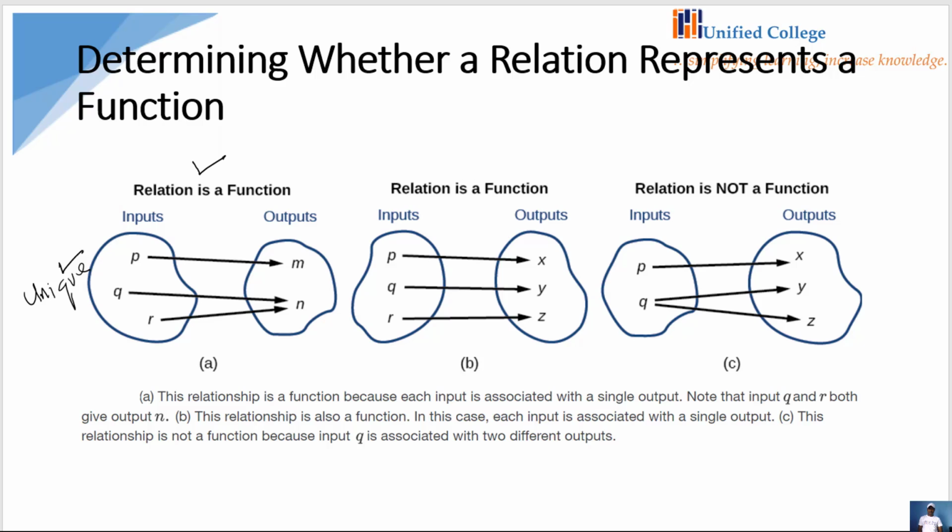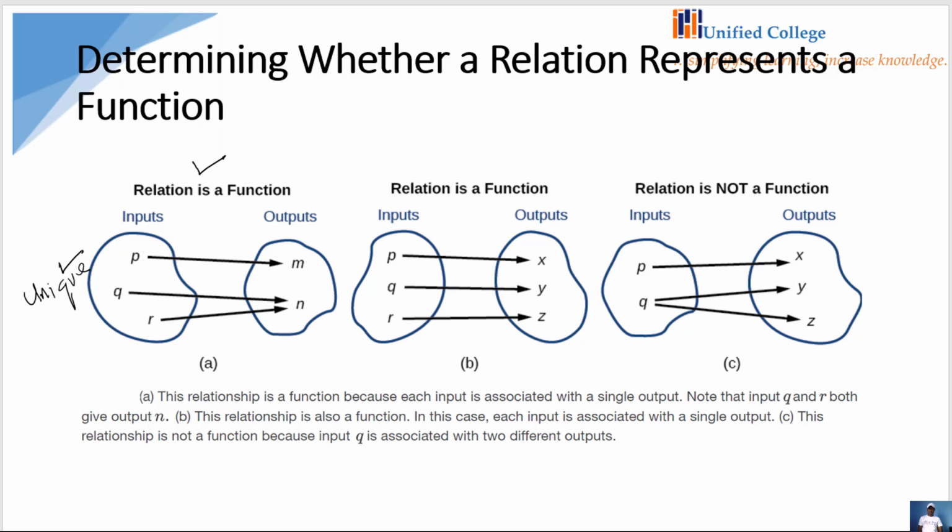We have inputs PQR and we have outputs XYZ. As you can see, all the inputs are unique. The outputs also are unique as well. None of the inputs and the outputs are repeated. Each is unique and distinct.